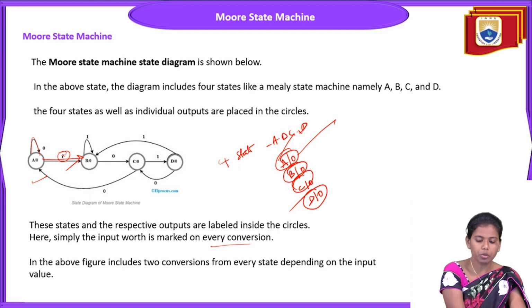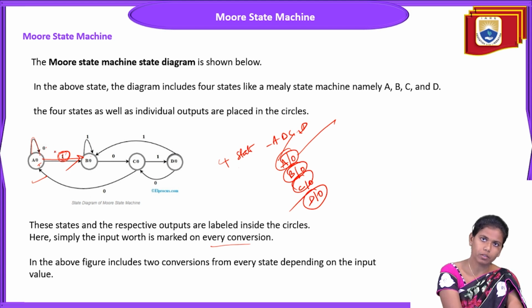So this is the input value. If it is 1, output is 0. If it is 0, output is 0. If the input is 0, it stays in its own state, and when the input is 1, the transition takes place to the next state. That means the next state is decided only with respect to the past state and the input.